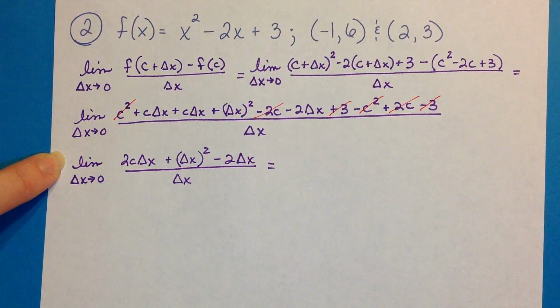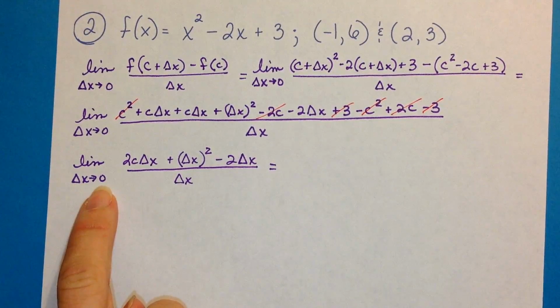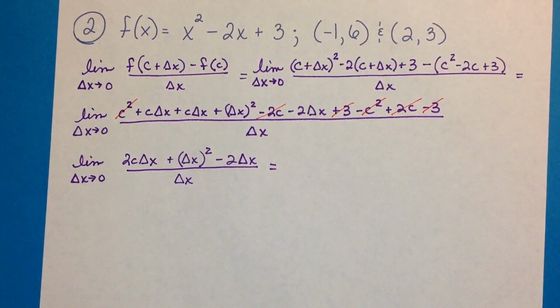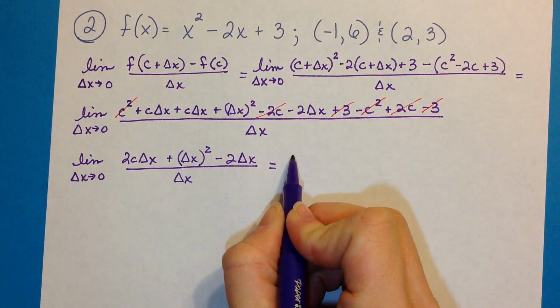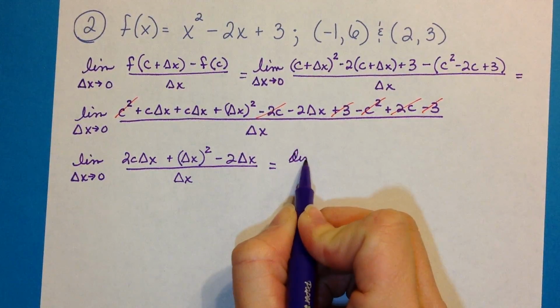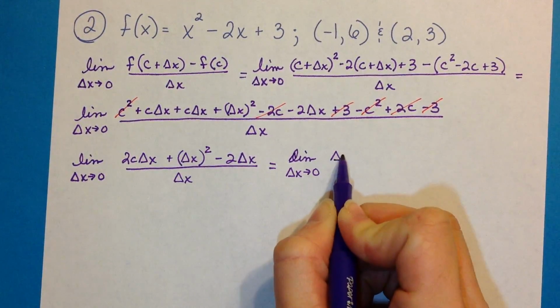Now, just like before, when we were doing limits, if you start substituting the 0 in for the delta x too early, you're actually going to get the indeterminate form of 0 over 0. So if you do it too early, you'll know. I do still have some more simplifying that I need to do because all of my terms in my numerator have a delta x in common. So I need to factor out a delta x.